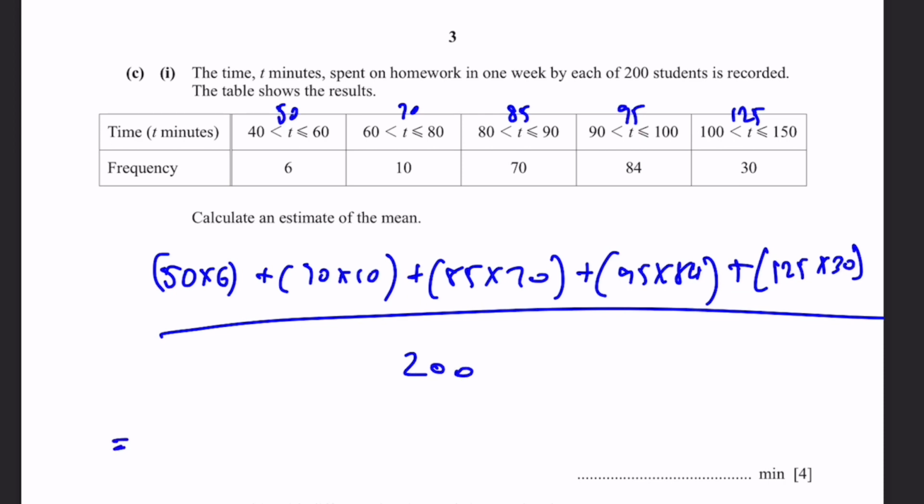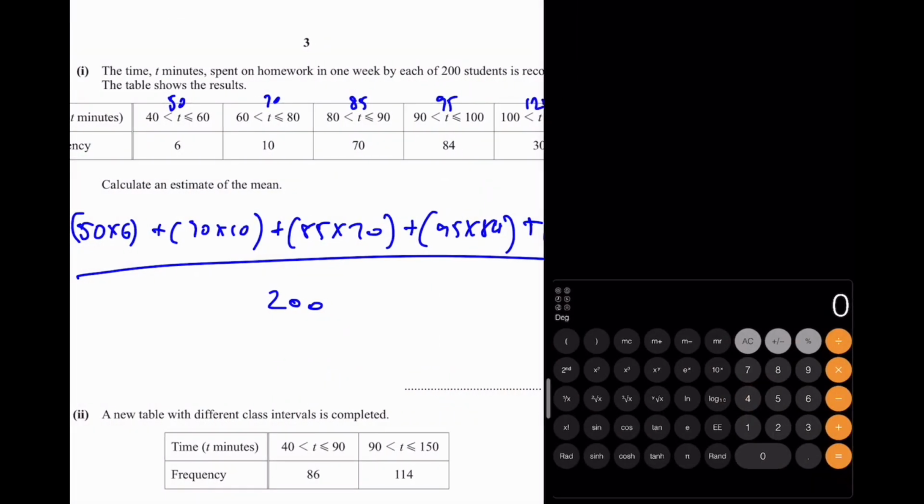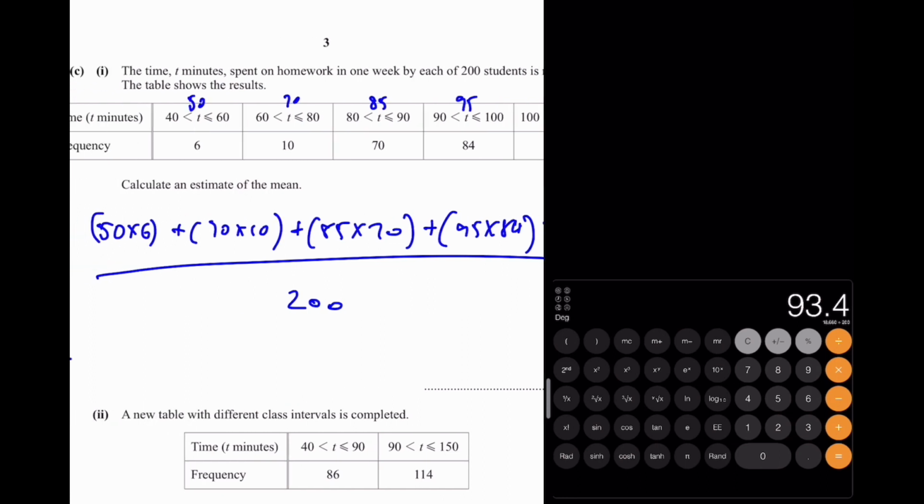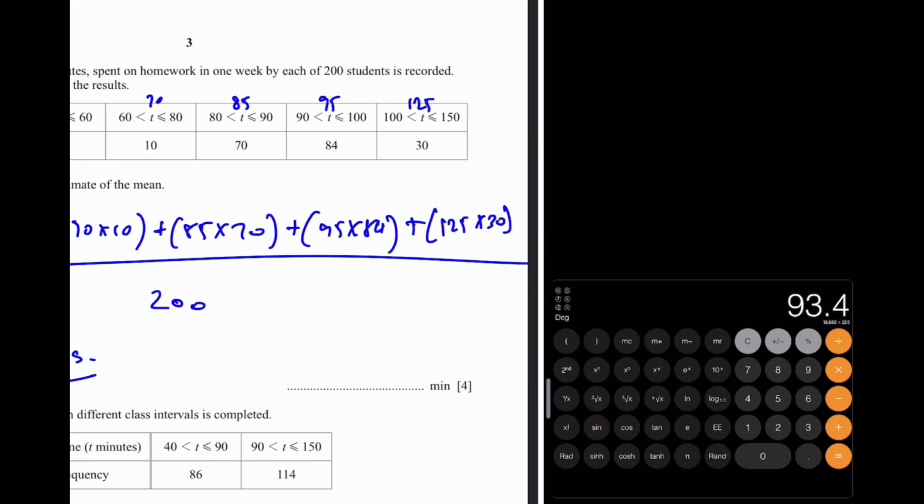That's equal to, let's get our calculator out. 50 into 6 is 300 plus 700 because 70 into 10, plus 85 into 70, plus 95 into 84, plus 125 into 30. That's that value, and divide by 200, that's 93.4 minutes. That's the answer.